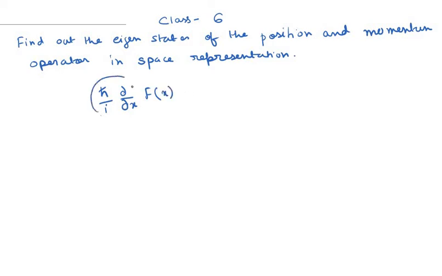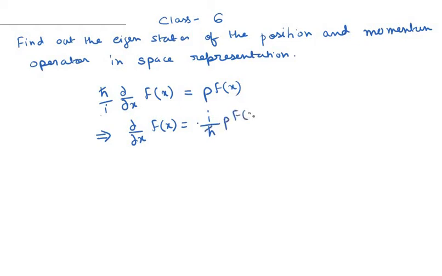Then this momentum operator multiplies this function by a number p. So this is the eigenstate of our momentum operator.